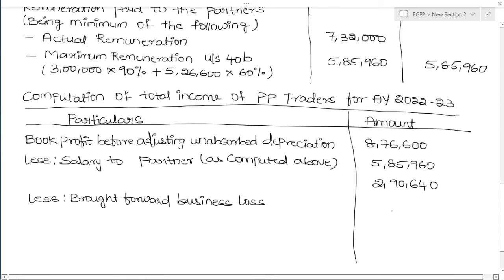But whatever is your profit for this year, to that amount we can adjust our brought forward loss. Because your profit is 2,90,640, that much business loss we will deduct. Balance business loss we will carry forward. So write down brought forward business loss 2,90,640. Now total income is nil.